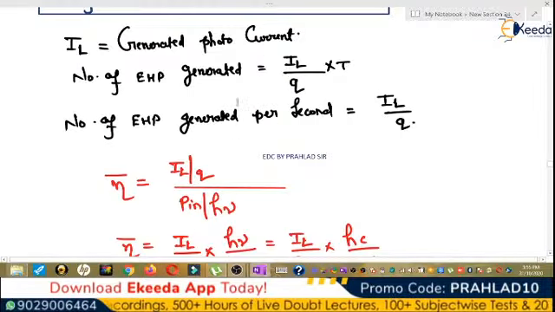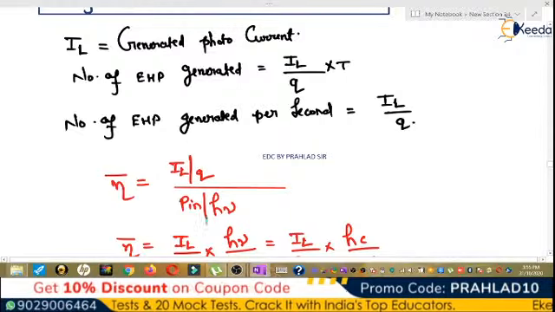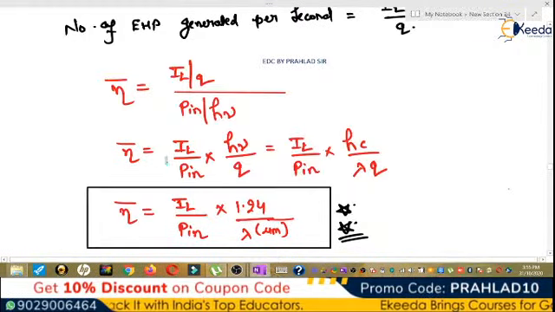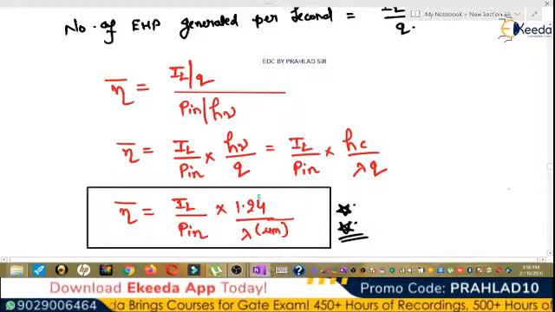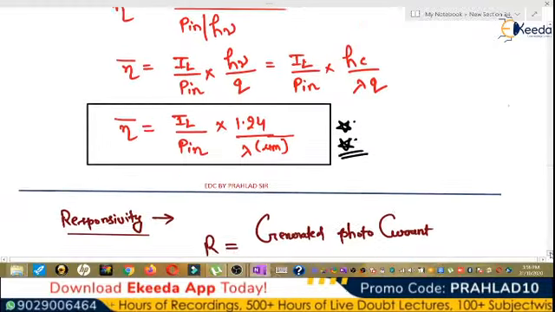IL is the generated photocurrent, and the number of electron-hole pairs generated per second is IL over Q. So eta bar is IL over Q divided by Pin over h nu. So it is IL by Pin into h nu by Q. So IL over Pin into hc by lambda over Q. So IL over Pin into hc by lambda Q is 1.24 by lambda, where lambda is in micrometers.